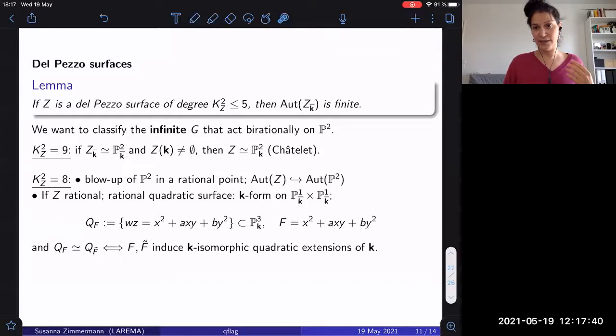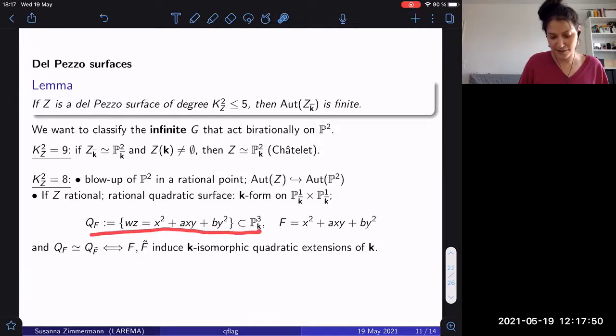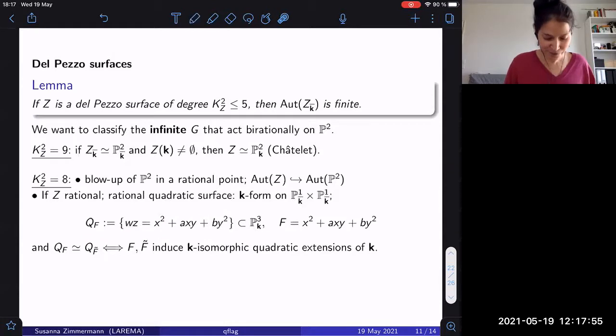It's a K-form of P1 x P1, and since my surface is rational, they all look like this, for some quadratic polynomial. It is the minimal polynomial of a quadratic extension of K, and the K-isomorphism class of this extension determines the quadratic form and vice versa.